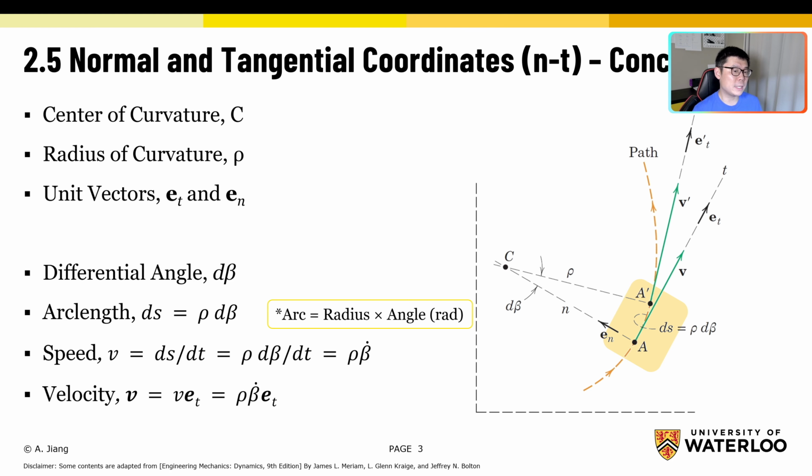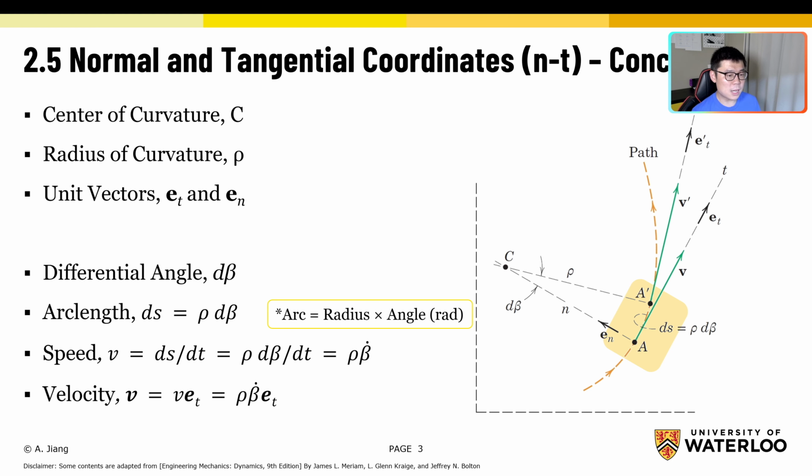Now we have the displacement, we can take the time derivative to get velocity. Note that the velocity we are talking about here is a tangential velocity. You can also see that here we represent it as a scalar times vector form. The scalar is the speed, the magnitude, and the vector is the unit vector telling us the direction is tangential.